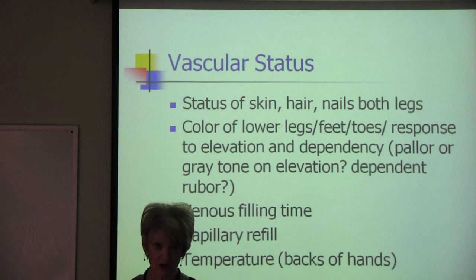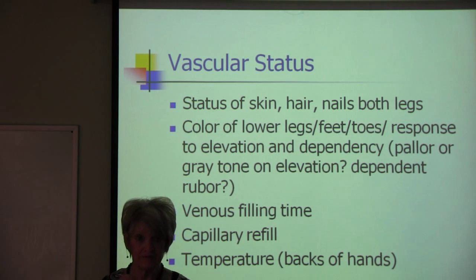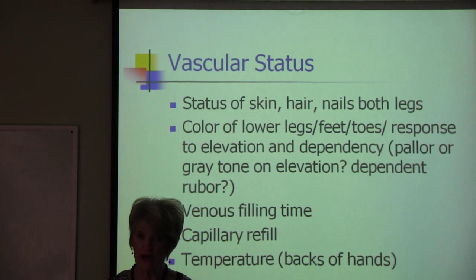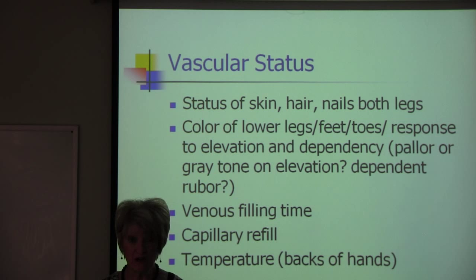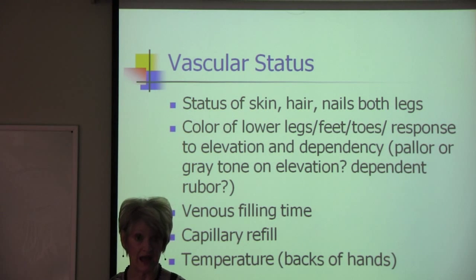So of course, as you know and as we mentioned, healthy skin, healthy nails, normal hair growth, all dependent in part on normal perfusion. So a very good first assessment is to look at the skin, the hair, and the nails for any evidence of chronic ischemia.